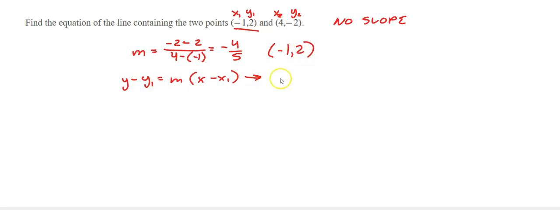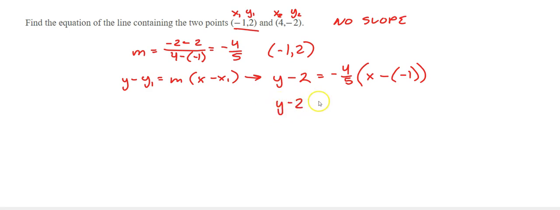So this is going to be y minus, there's my y, equals, well, what's my slope? Negative 4/5. Then you're going to put x minus, that's a negative 1. Keep the negative 1. We're almost there.